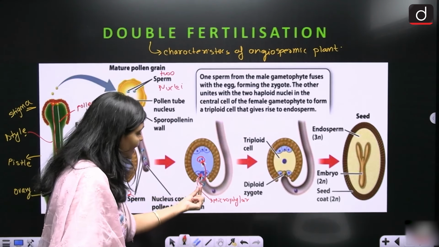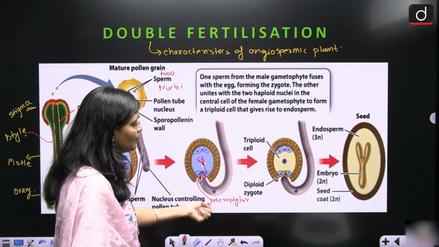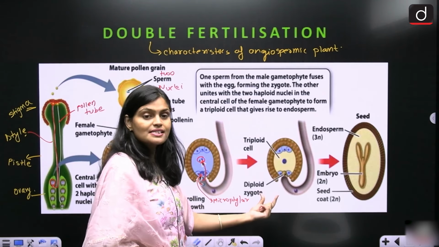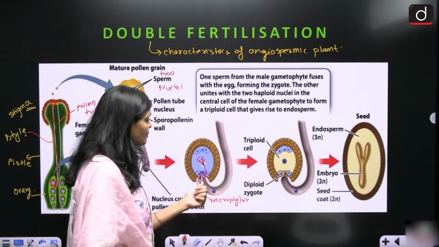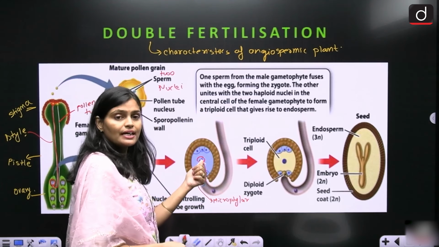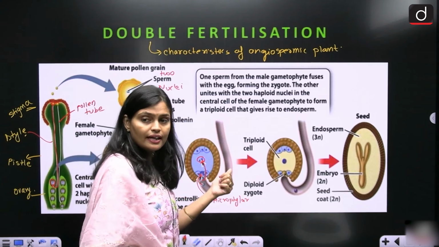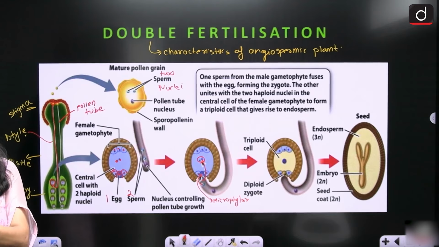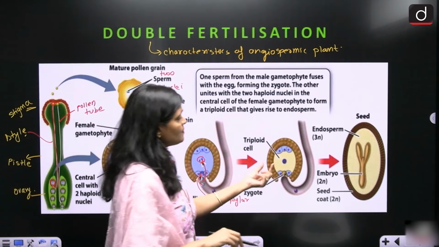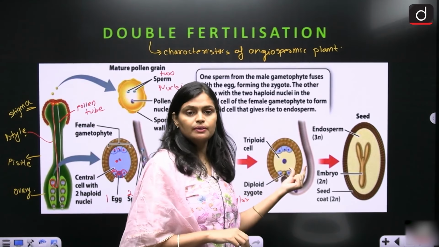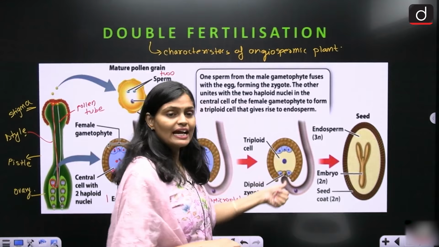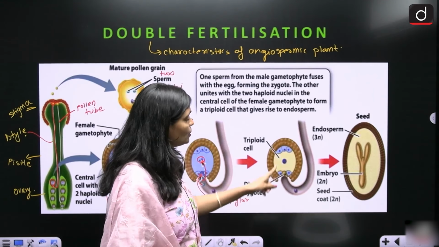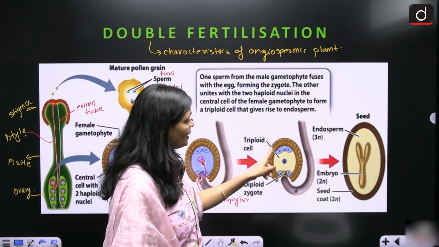Now the egg fuses with the sperm nucleus and forms the diploid zygote. The other sperm nucleus fuses with the 2 central nuclei, the central cell. What does it form? It forms endosperm. Am I clear to everyone? Here a diploid zygote forms and a triploid cell forms.